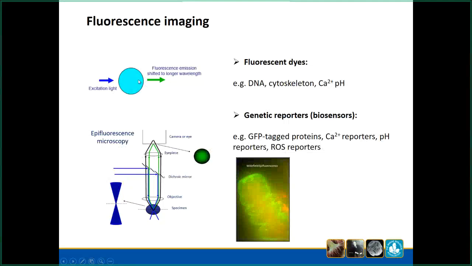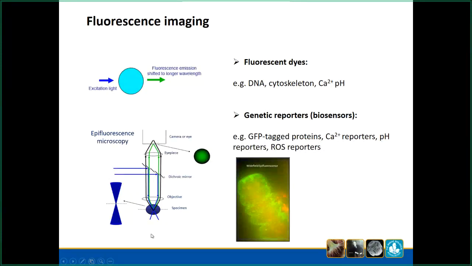And if it's fluorescent, it might give off green light or red light or light of a longer wavelength. So that's the whole essence upon which fluorescence microscopy is based. So clearly, if you have fluorescent molecules in a cell, you can use fluorescence microscopy to selectively excite those molecules and then selectively image them in a microscope.